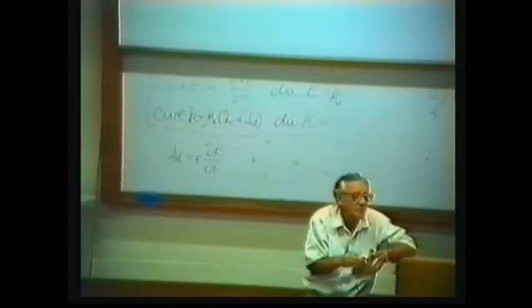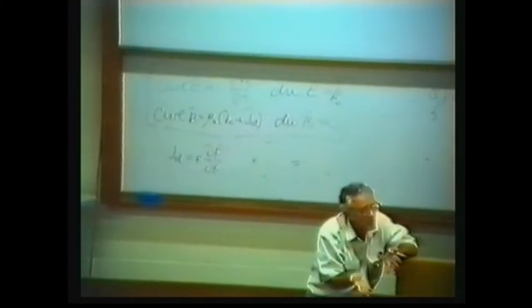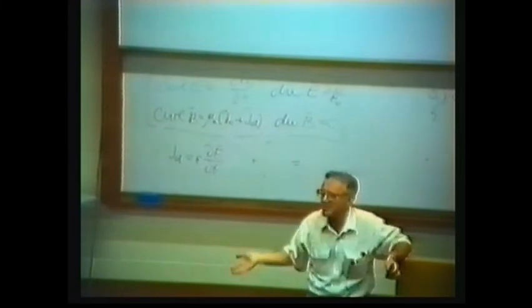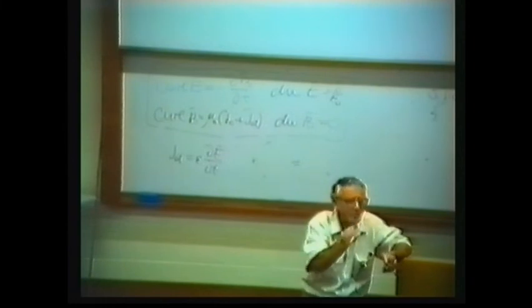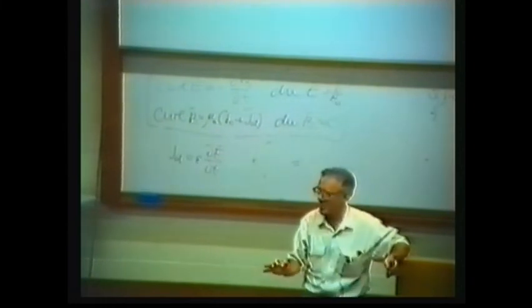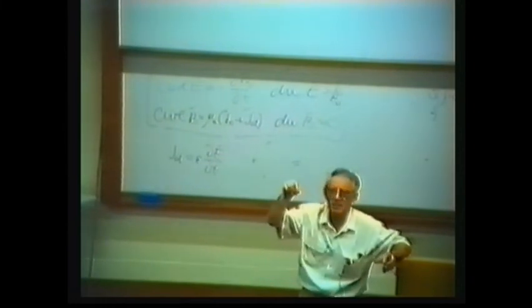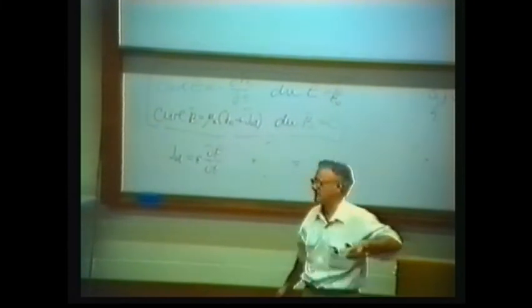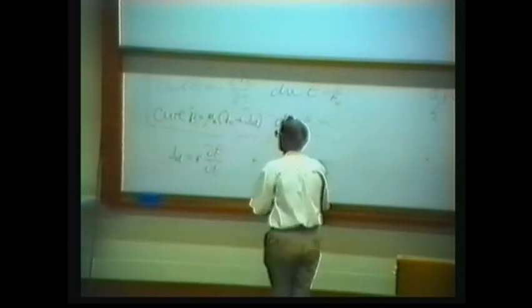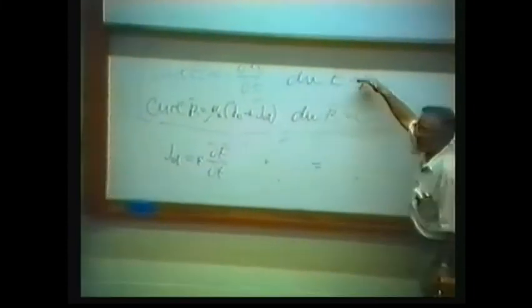Only from one point of view is it reasonable to call them currents, because they create a magnetic field. Current means generator of a magnetic field. And it doesn't matter whether the electrical field changes with time or charges are moving. So that's all about the Maxwell equations.